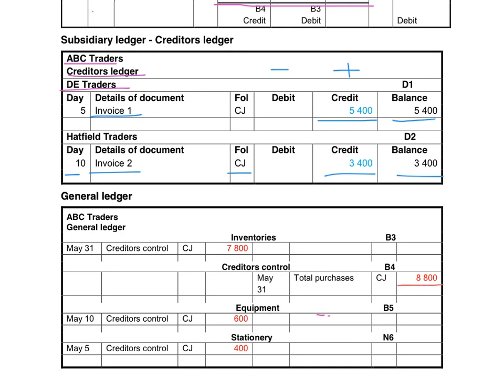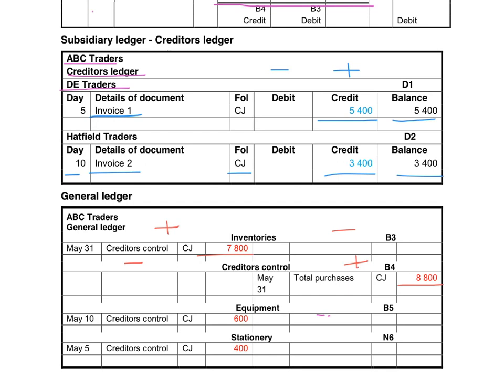So I will credit the creditors with 8,800 because the liability increases on the credit side and decreases on the debit side. Inventories that we purchased was 7,800. Inventory is an asset. Assets increase on the debit side, decrease on the credit side. We have more assets, so we will debit our inventory account with 7,800.